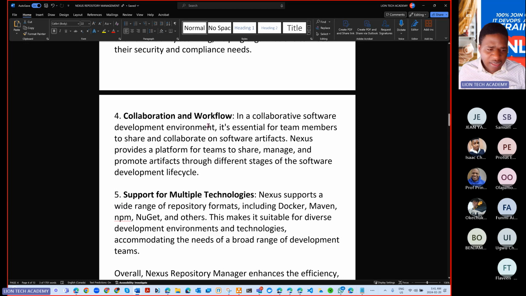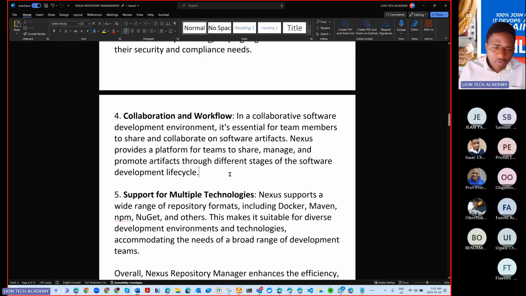The next big thing that it provides is collaboration and workflows. In a collaborative software development environment, it is essential for team members to share and collaborate on artifacts. Nexus provides a platform for teams to share, manage, and promote artifacts through the stages of the development life cycle.